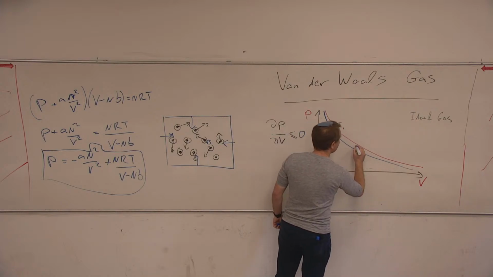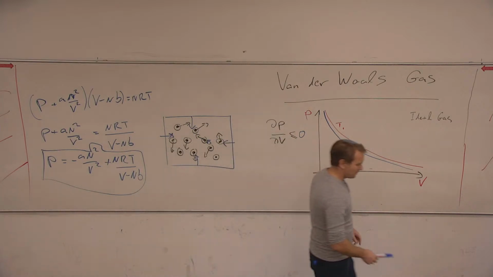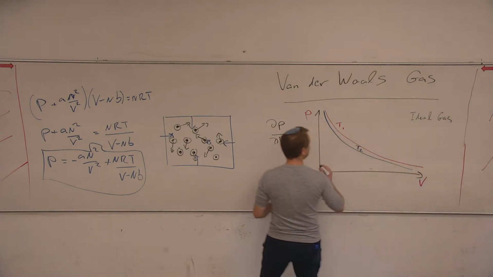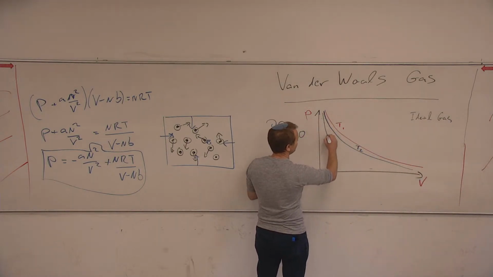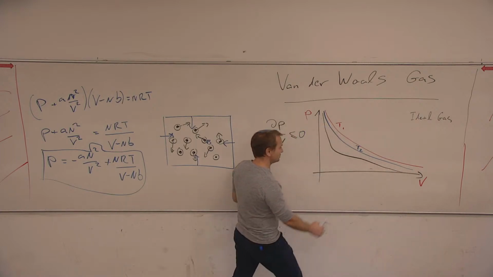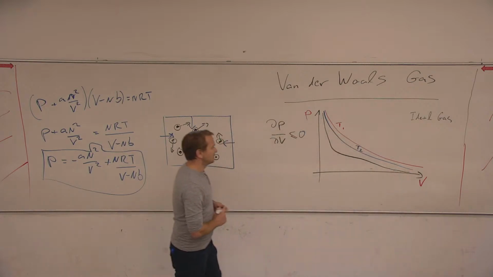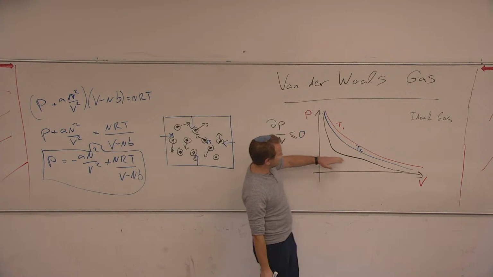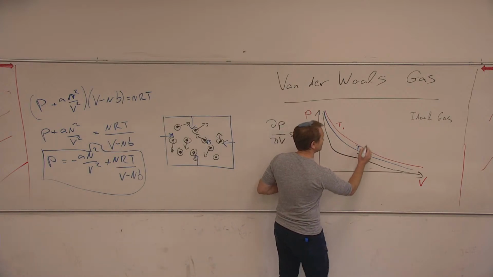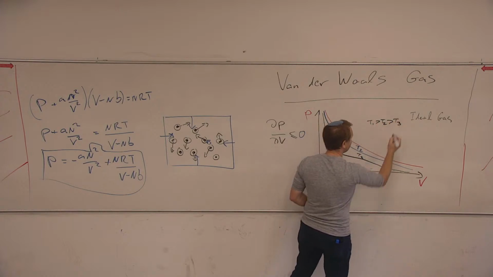Those are isotherms. Now, a surprising thing starts to develop when we decrease our temperature even further. It starts to look like this. It's still monotonically decreasing, but we see some sort of a saddle point that starts to emerge at lower temperatures. So T1 is larger than T2, which is larger than T3.